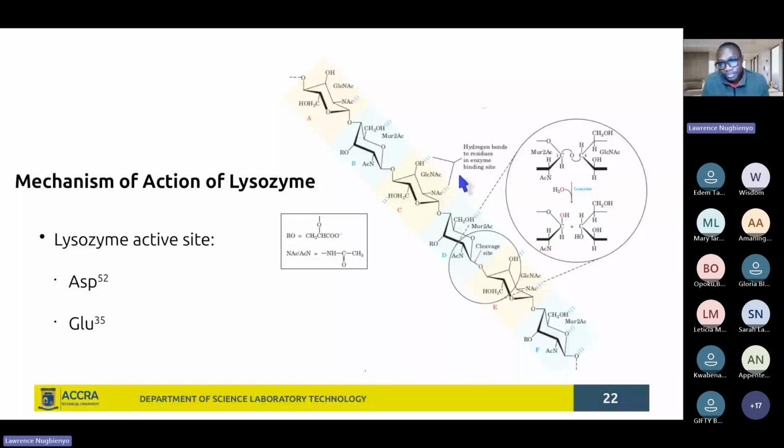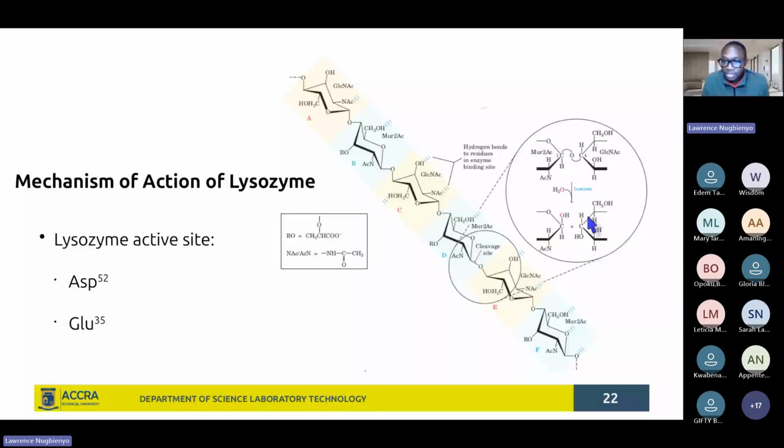And you see the cleavage site, that is the glycosidic bond, which is to be broken between the N-acetylmuramic acid and N-acetylglucosamine. You zoom in there so that you see lysozyme. So a water molecule comes in that reaction, which breaks the glycosidic bond between N-acetylmuramic acid and acetylglucosamine to give the separate monomers.